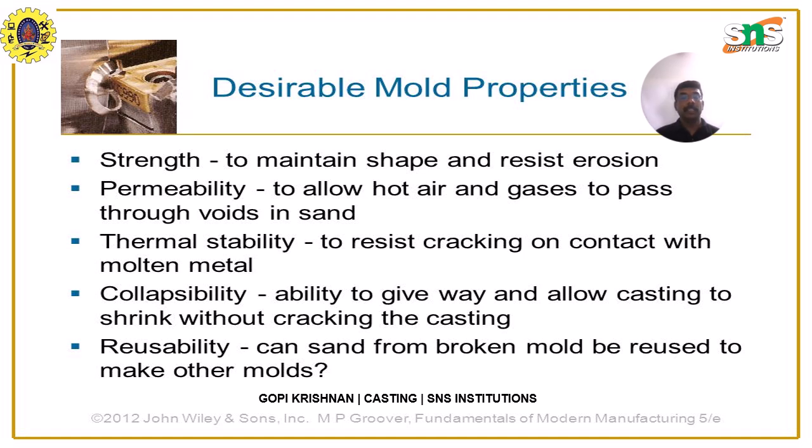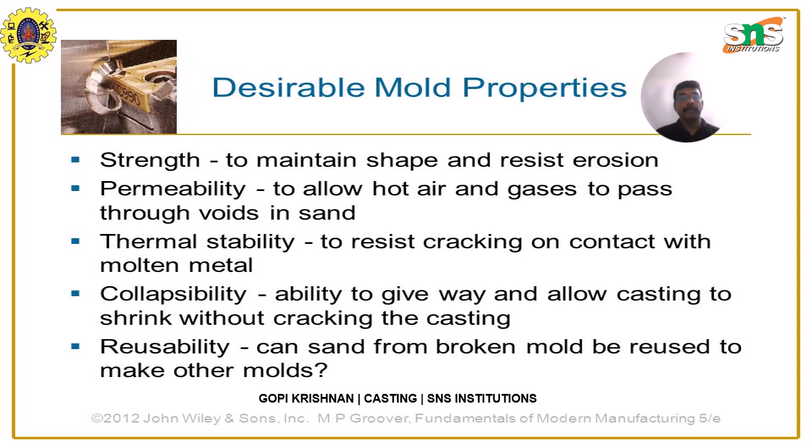The molding sand must have good strength to maintain the shape and resist erosion, and there must be good permeability in the molding sand to allow the hot air and gases to pass through the voids in the sand. The thermal stability of the molding sand must also be good to resist cracking on contact with the molten metal.